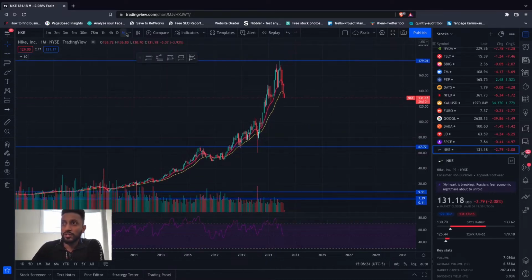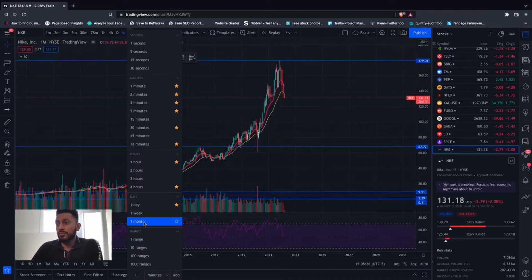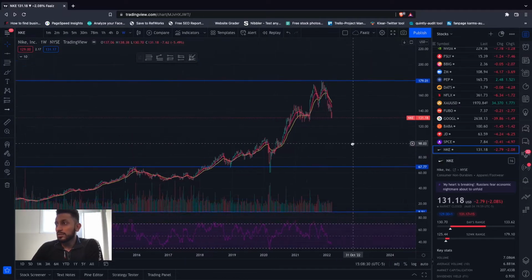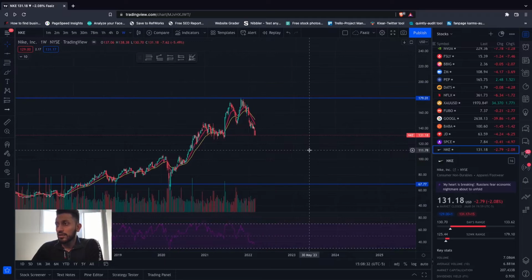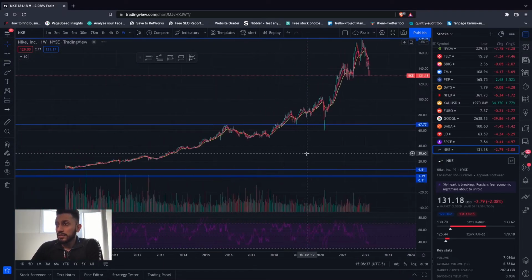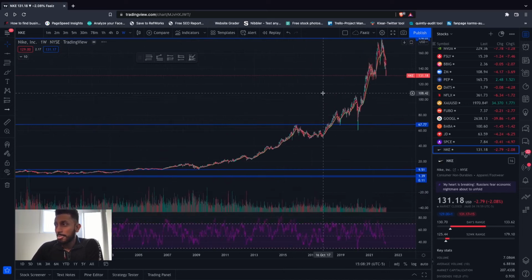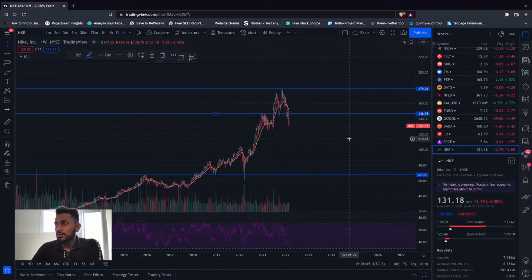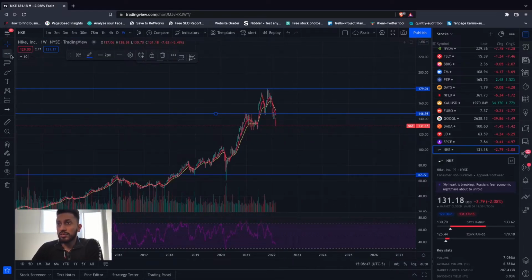Okay, now let's zoom in a little bit. So next step I do is I go from monthly to weekly chart. Boom, now it gives me more data to look at. All right, let's see. We got some support here that was broken. We've got some right there.